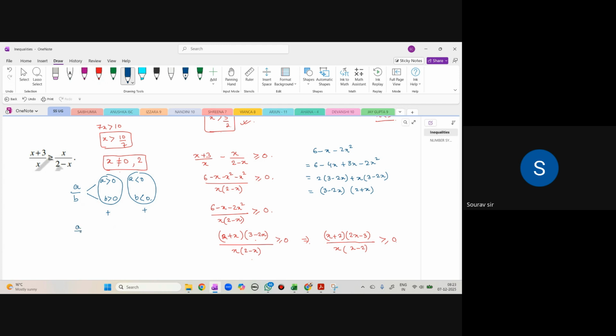Or I can have a greater than 0, b less than 0, or a less than 0, b greater than 0. Then positive by negative is negative, negative by positive is negative. So these two combinations will give me positive, the other two will give me negative. Correct?